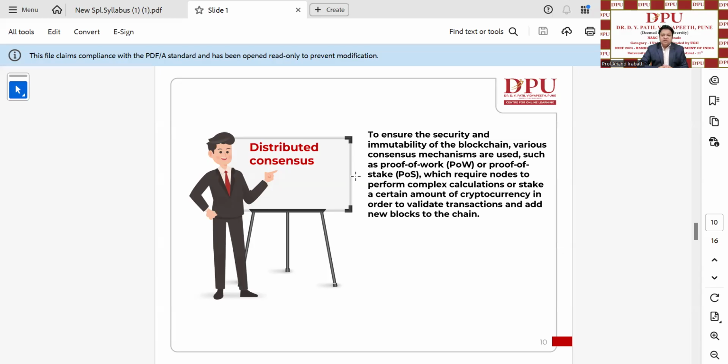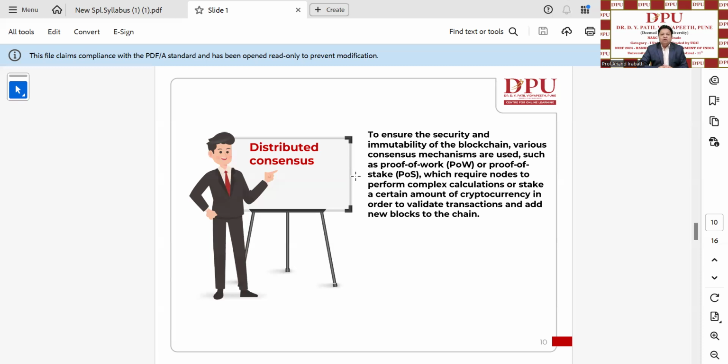Because if there is no third person involved in a financial transaction, then there are many chances that a fraud can happen. Now we can see that instead of many safeguards, instead of many protections, there are many frauds happening, in case of the funds, in case of money stealing.